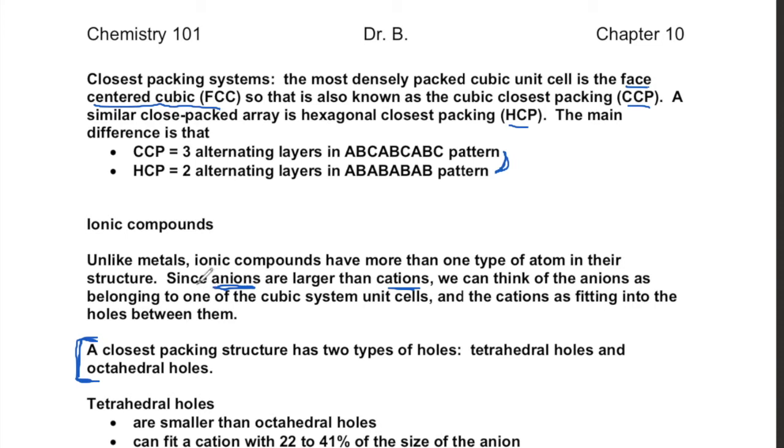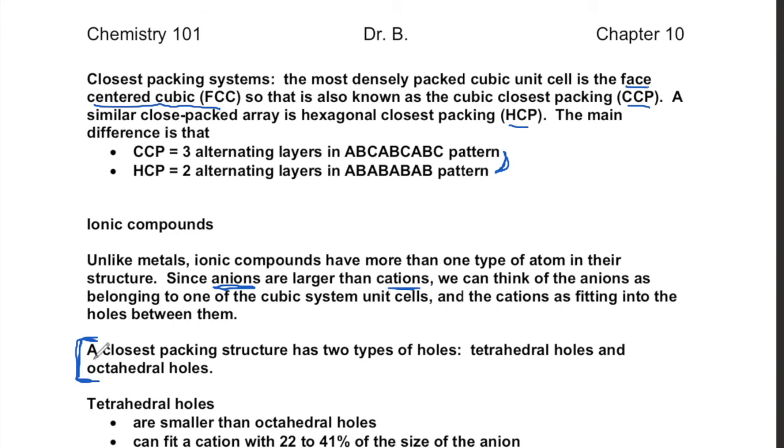If you have an anion of a very, very small element and a cation of a very large element, they could be more comparable, or the cation could even be larger, but most of the time the anions are larger. And so the anions form one of these unit cell structures that we've been looking at, one of these cubic packing systems. And then the cations, since they're smaller, can fit into the little gaps in between the anions.